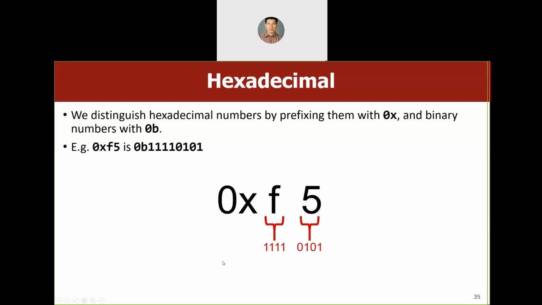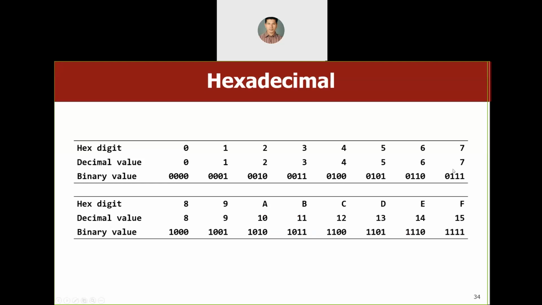Okay. Now we distinguish. Sometimes what happens? I cannot write this number like 15. Suppose F, it is okay. F I can understand. What if I write 8?